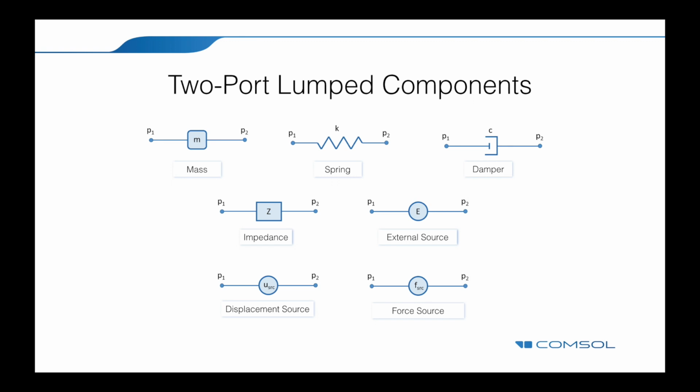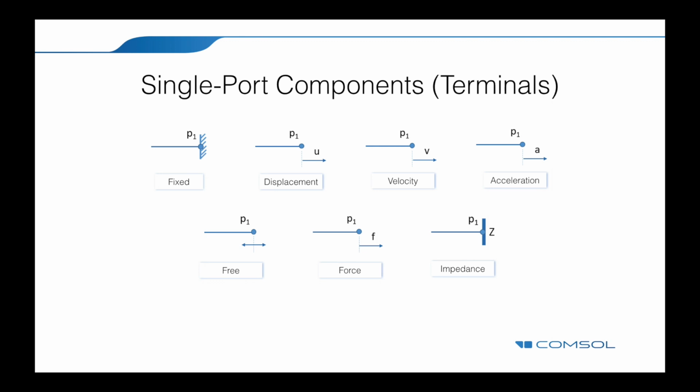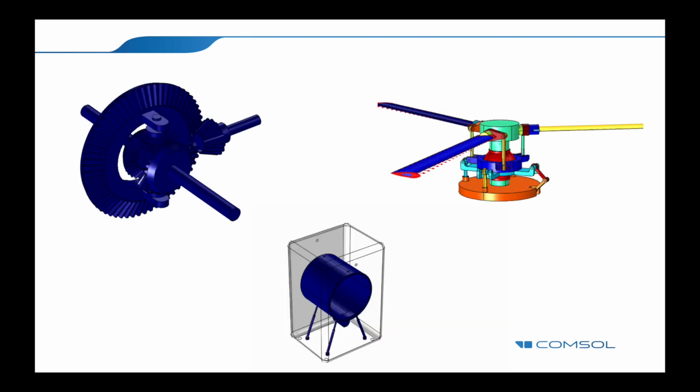These are the parameters and ports that can be used in this lumped mechanical system configuration. The well-known components are available, and also as terminals, it can be a fixed, a displacement node, a velocity node, and so on. There are several options that can be used to fix some or multiple ends.